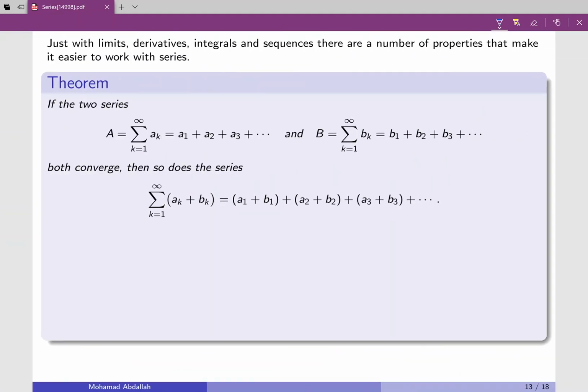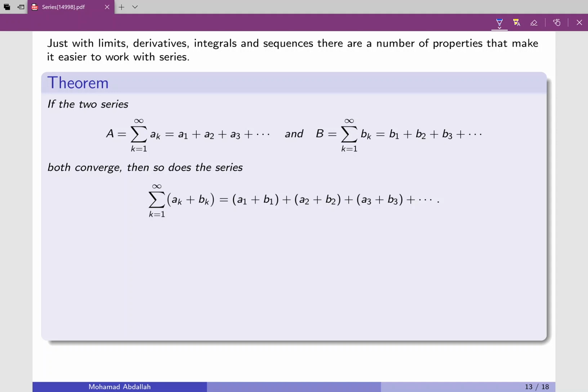Now, as we have properties for limits, for derivatives, for integrals, and as we have seen for sequences, we do have properties for the infinite sum, for series. But to be able to do this, I need to know that the series are convergent.